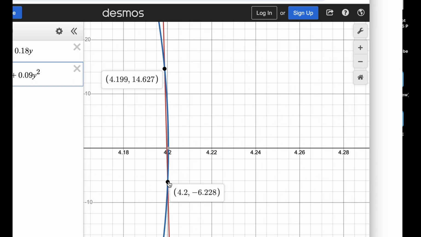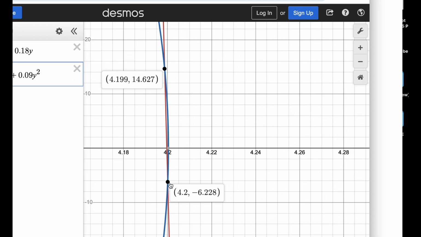At one point in time, before the collision happened, the Rhino had been running at 4.2 meters per second. That is this lower solution here. It says that one possible solution is that x is 4.2. That's the Rhino's velocity. And then the ball's velocity is 6.23.